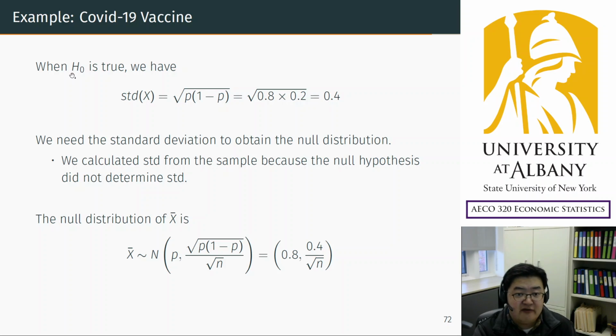If you believe your hypothesis is true, then it also implies a specific standard deviation, because the standard deviation depends on the probability P, which you believe to be 0.8. You believe the probability is 80%, so from that, your standard deviation must be 0.4.